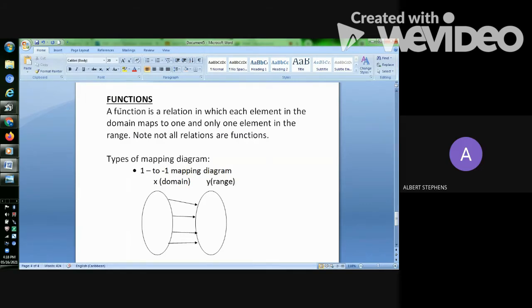If you look at this definition of what a function is, it actually tells us that a one-to-one mapping is a function, because each element over here, on the left-hand side, goes to one and only one on the y. All right. So to answer the question, a one-to-one mapping diagram is a function.